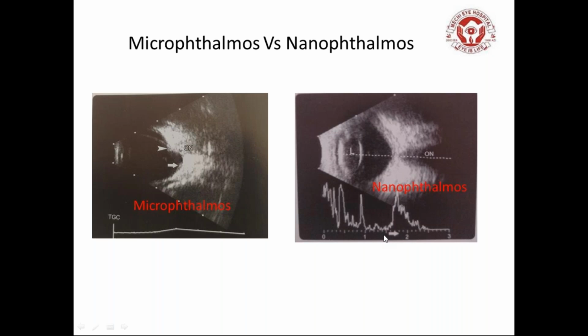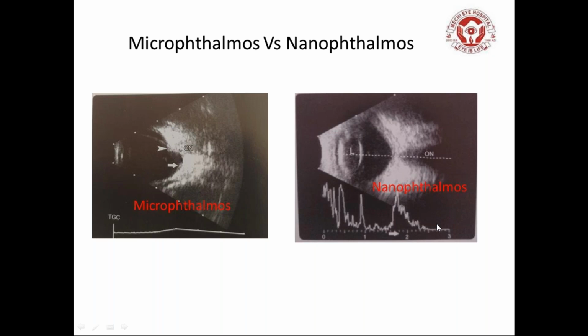Similarly, in nanophthalmos, every structure of the eyeball is small except the lens. The lens is relatively normal in size, and in nanophthalmos there is gross thickening of the retinal choroidal complex, and sometimes there is an association with choroidal detachment.